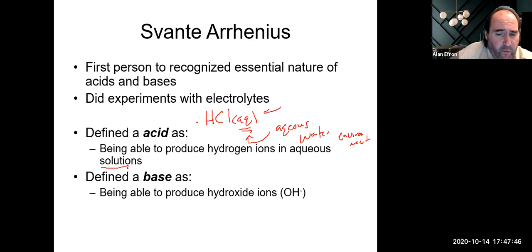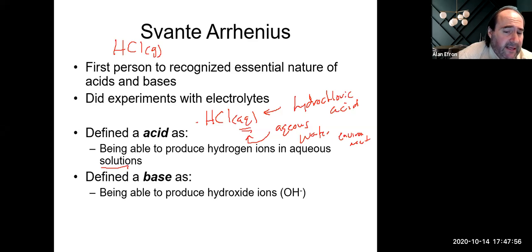And that's why we would call this hydrochloric acid. Now, that's different than if you had just HCl that's, say, in the gas form. This is not an acid in the gas form. This would be known as hydrogen chloride gas.